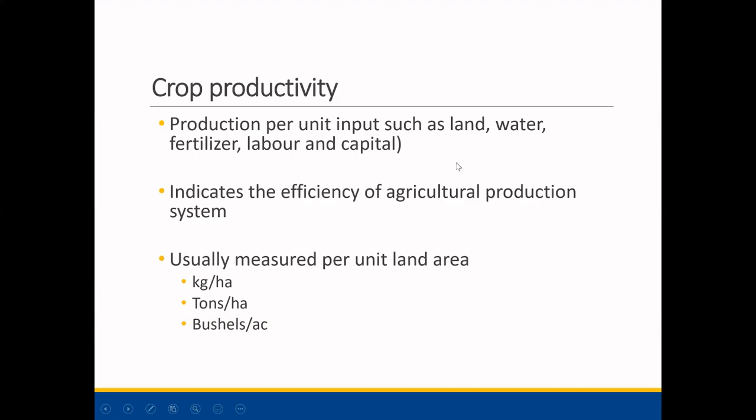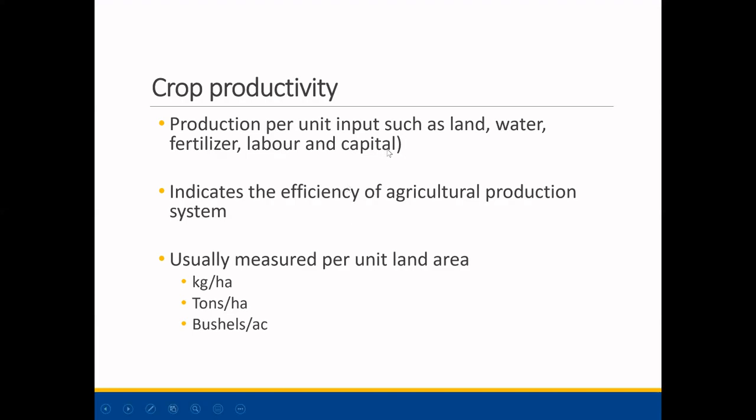You can measure productivity in terms of any input. That indicates the efficiency of the agricultural production system, because it tells you how much you can produce per unit input.